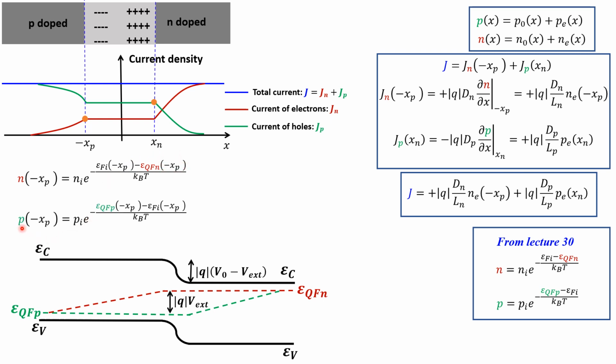And we also have the expression for the concentration of holes at the same point minus xp. Again, the quasi-Fermi level of holes and the Fermi level of the intrinsic semiconductor evaluated at the point minus xp. So all these energy levels are evaluated at the interface between the p-doped region and the depletion region, so at this point here, where the band stops bending.